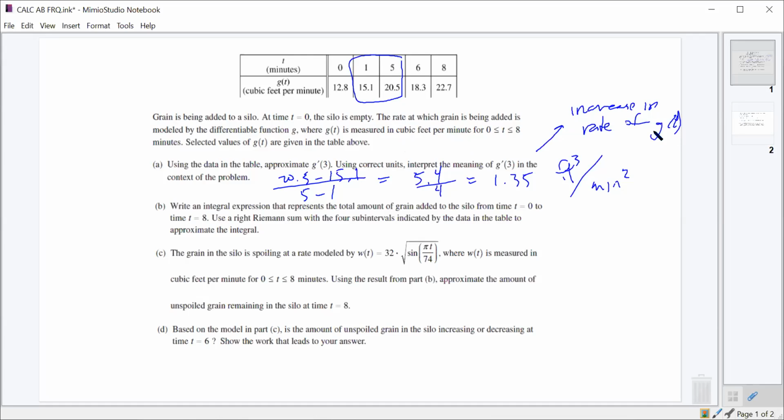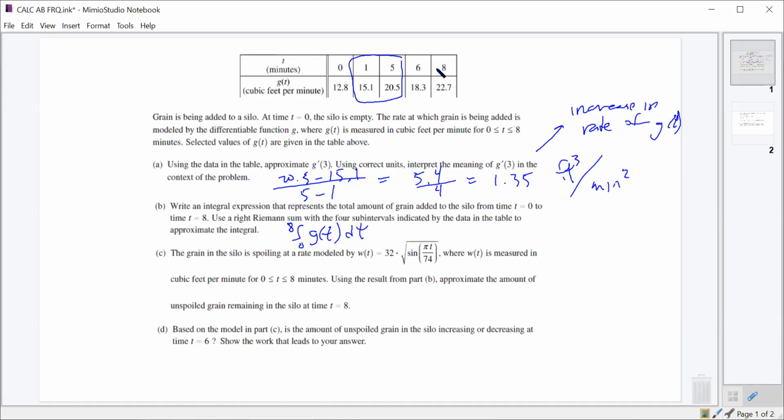Yeah. Okay. For part B, we just wanted an integral to represent how much grain was added. That's just the integral of the rate from 0 to 8. So then you wanted to approximate that using a right Riemann sum. Since the subintervals are all different, 1, 4, 1, 2, they're not equal subintervals, we have to break it down into each one separately.